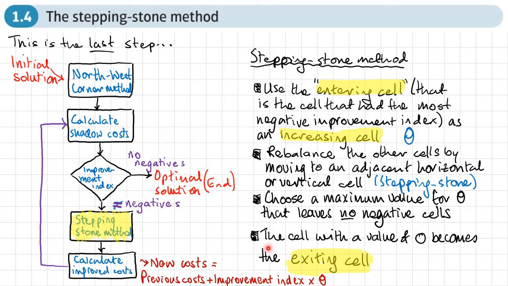And once we've completed that, we then need to decide, is this new cost an optimal solution? So we need to calculate the shadow cost and improvement index. So every time you calculate the stepping stone method and you calculate the improved costs, you do need to do the shadow cost and improvement index again before we can end, because we need to show, are these new costs optimal or not.